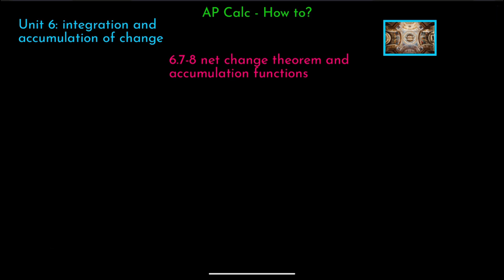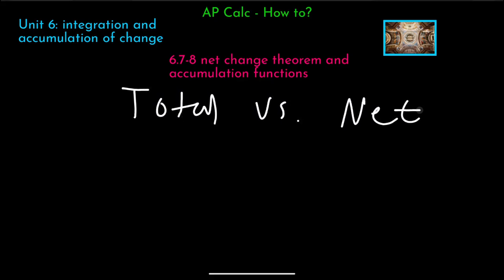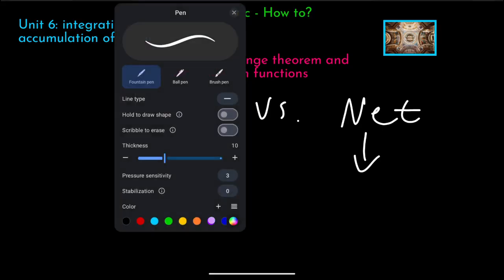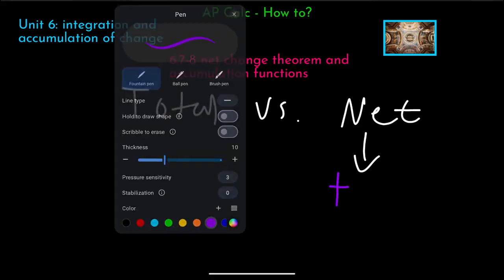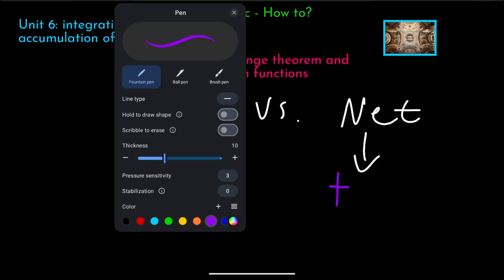So let's go over total versus net change. Net change includes signs, so positive or negative.